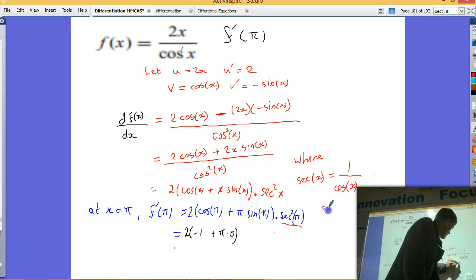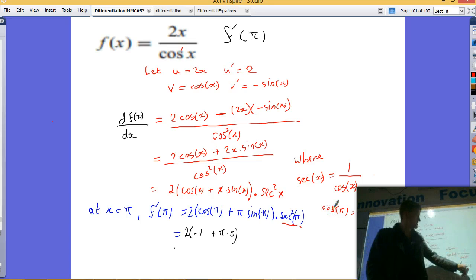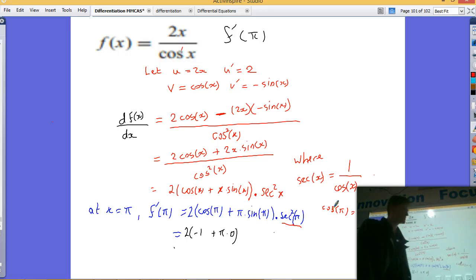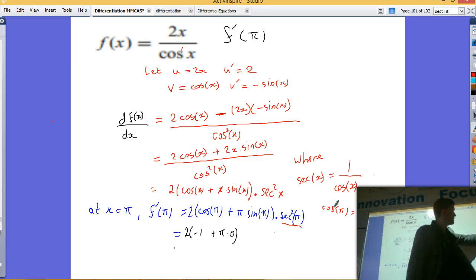So I know cos of pi is -1. Now if I divide -1 by 1 over -1, that's still -1, and if I square that number, it becomes +1. So multiplied by 1.